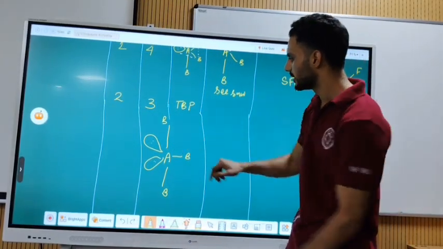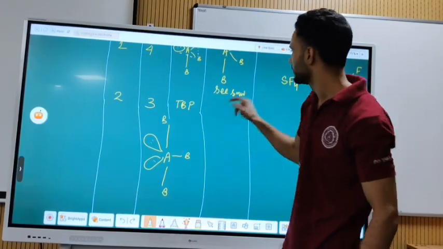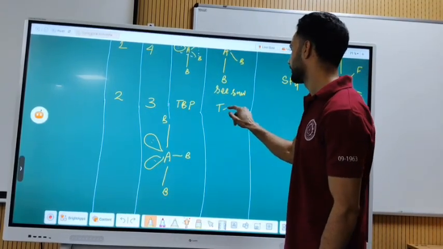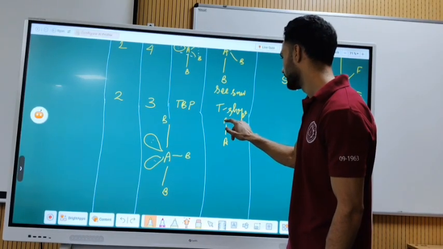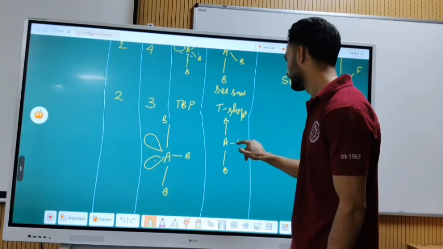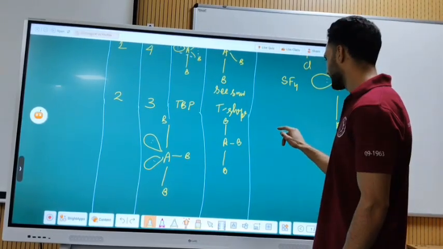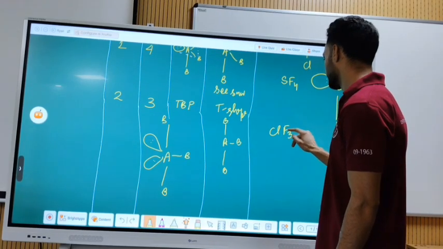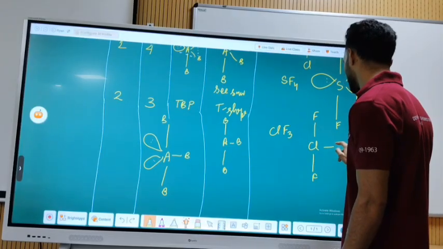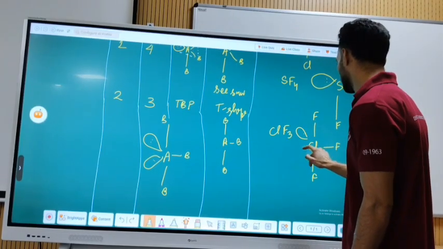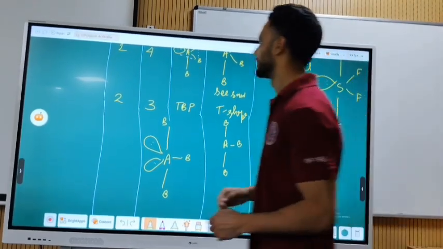But if we look at the shape, we hide these lone pairs. The shape comes to be like a T, so we call it a T shape: A, B, B and B. Its example is ClF3, Cl with F, F, F.